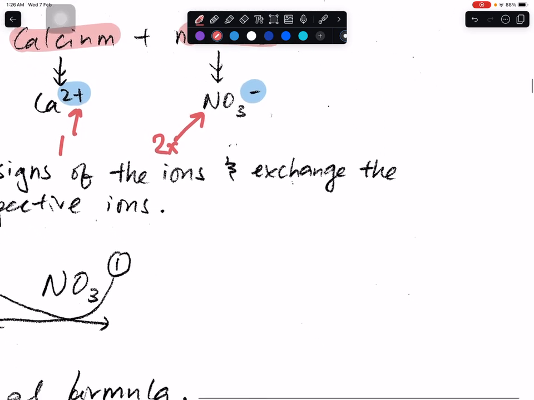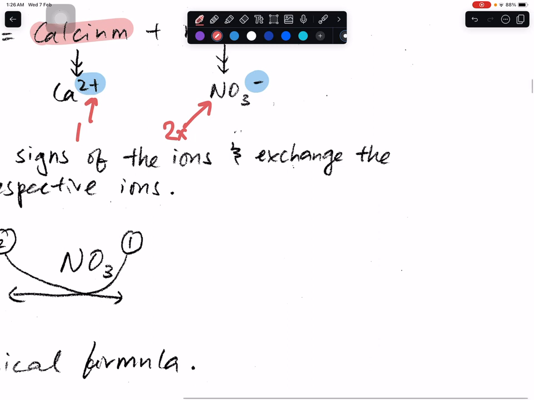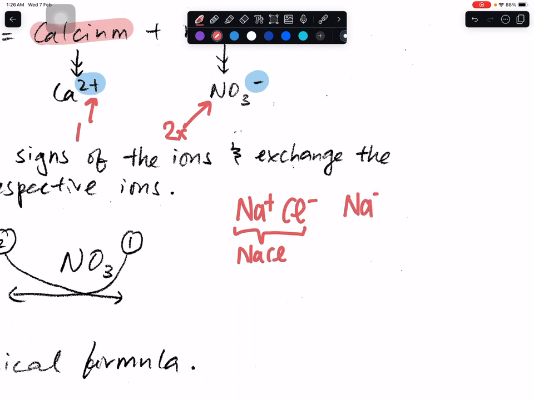Okay, with that, let me give you guys a couple of examples and you tell me the answer. For example, if I have Na+ and Cl-, this will add up to give you NaCl. Next, if I have Na+ and O2-, this will add up to give you Na2O.